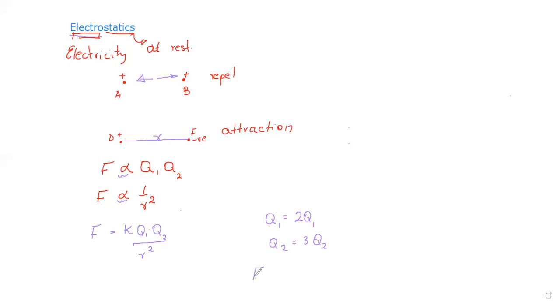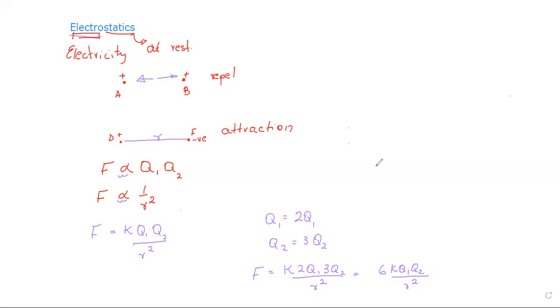The new force will be F equals K times 2 times charge 1, times 3 times charge 2, all over R squared. And that gives us 6K charge 1, charge 2 over R squared.